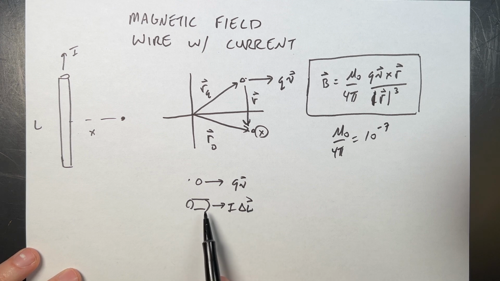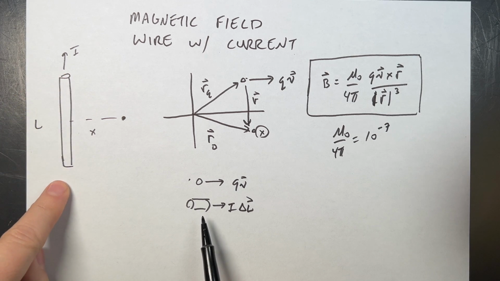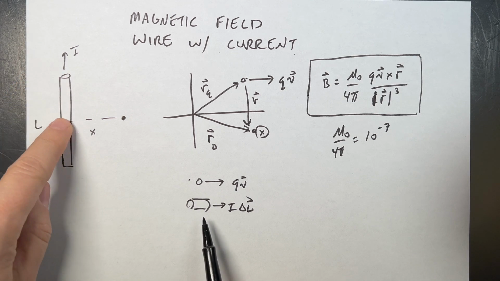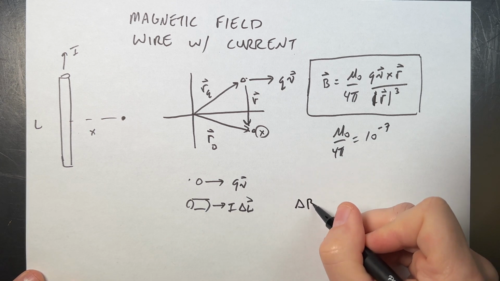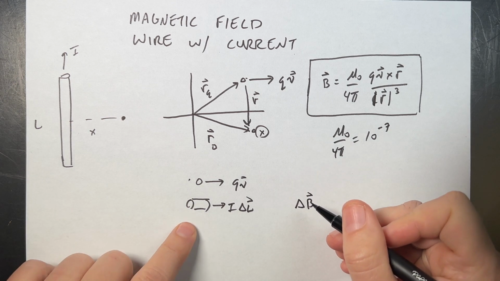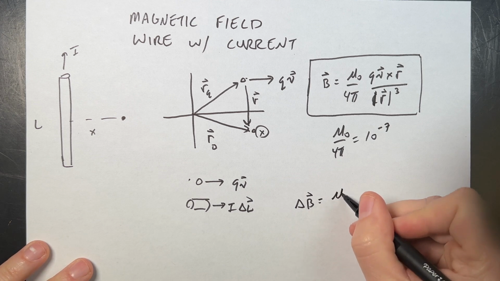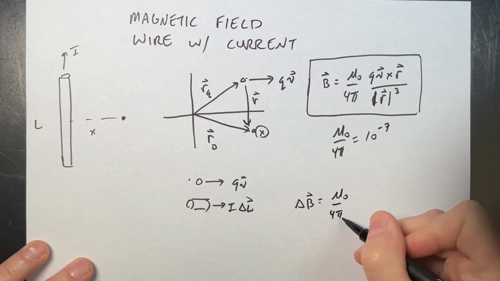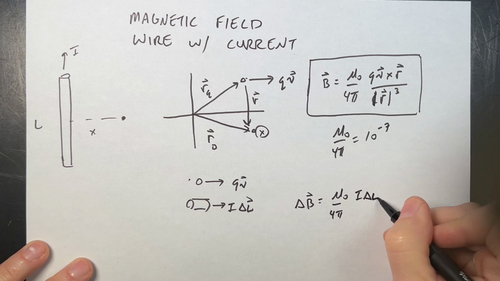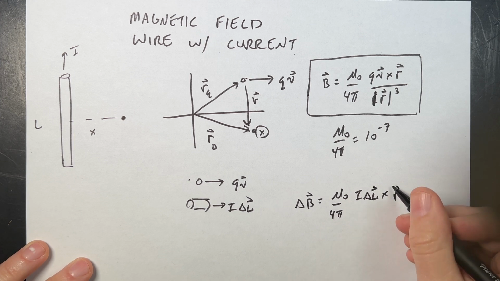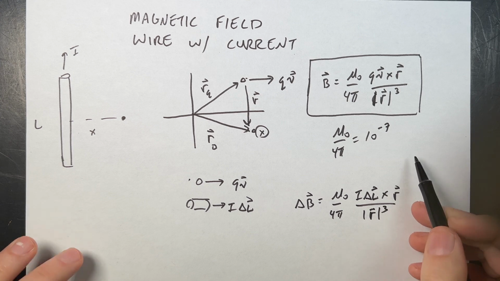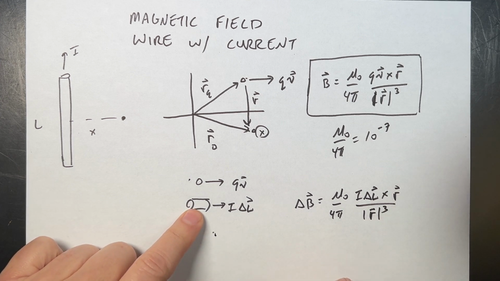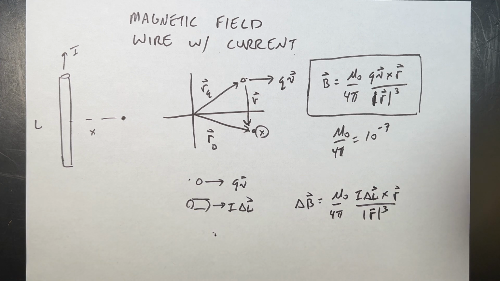And we have to do this because I can't treat this as one thing, right? Because different parts of the wire are different locations from here. But that gives me the following delta B, which is the magnetic field due to this little wire, is going to be equal to mu naught over 4 pi I delta L cross R over R cubed. But still, R is the vector from the wire to where I want to find the magnetic field.